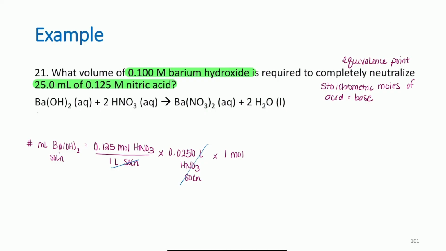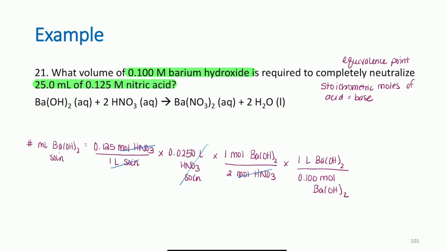I see there's 1 mole of barium hydroxide to every 2 moles of nitric acid. Now I'm in moles of barium hydroxide. I know I have a 0.1 molar solution, so I'm going to say 1 liter of barium hydroxide would contain 0.100 moles.